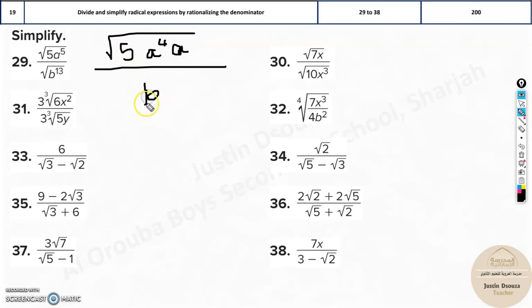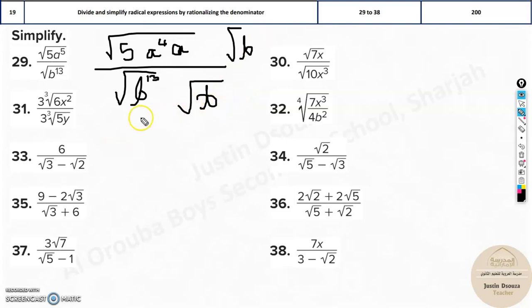Can we do the same thing, 13 and b? No, it is not possible because we have to rationalize this, isn't it? So basically you need to multiply b up and down. Not a whole b, it is just square root b. Let us multiply square root b upside and down over here.